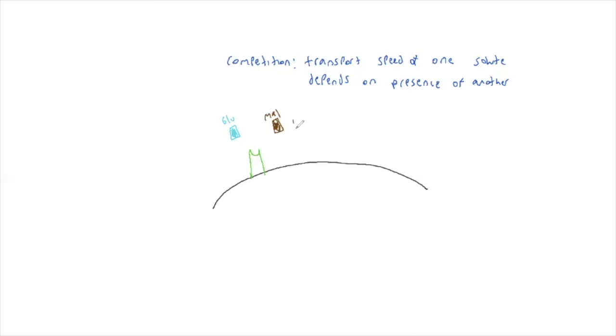So if I have a very big distribution here, let's see, I have lots of maltose and only a couple of glucoses. What's going to happen is that glucose is going to transport slowly compared to maltose.